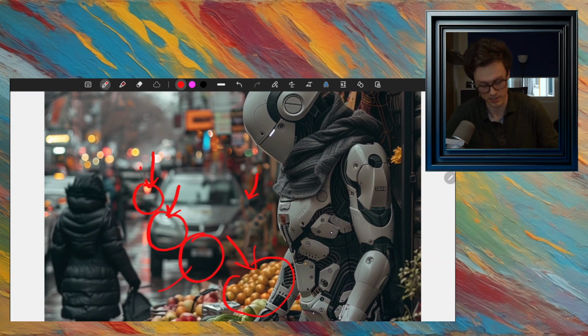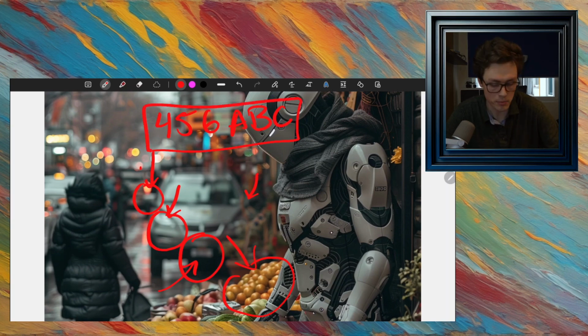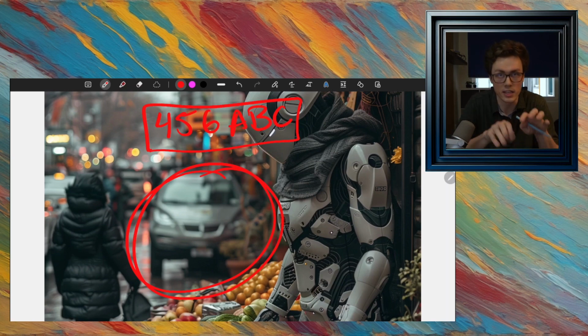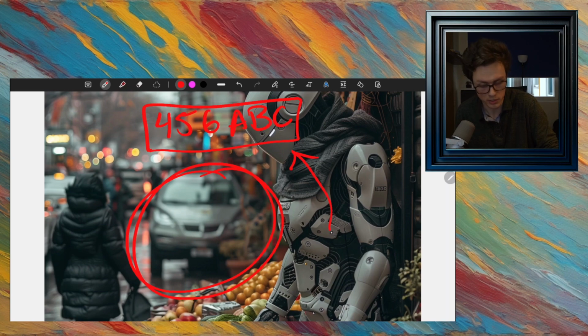So here is the license plate, and that's what has numbers or letters, right? So maybe you have 4, 5, 6, A, B, C, right? That's your license plate number, and that's what tells the government or the police who owns this car, because they can look it up in the computer and see, 456 ABC, that belongs to so-and-so, this person.